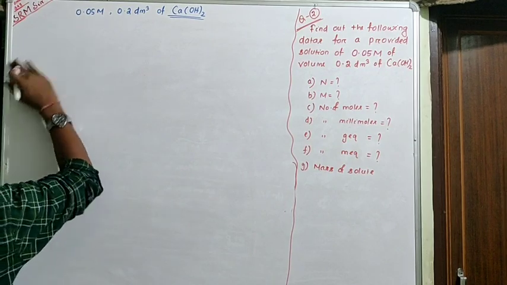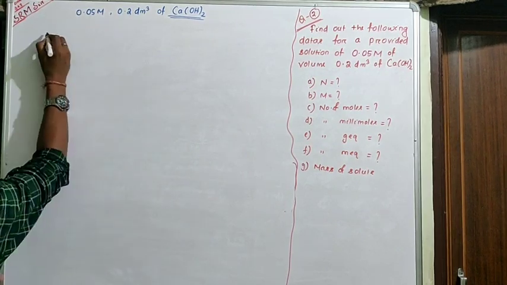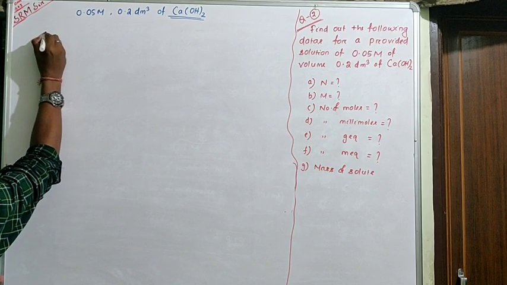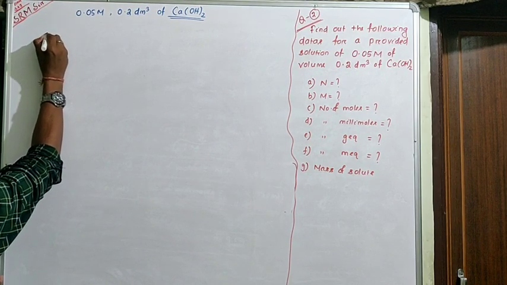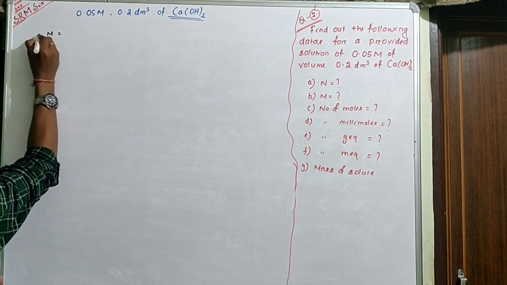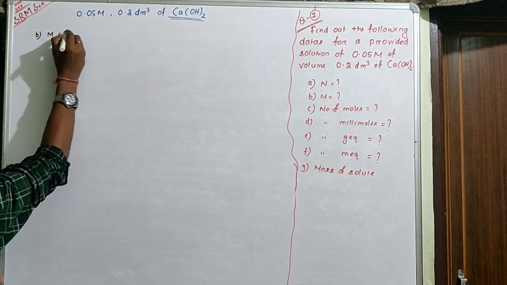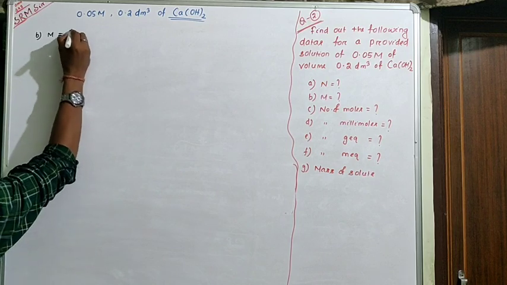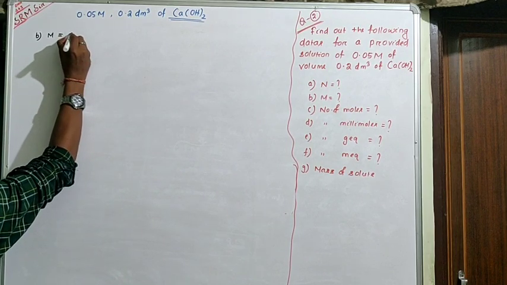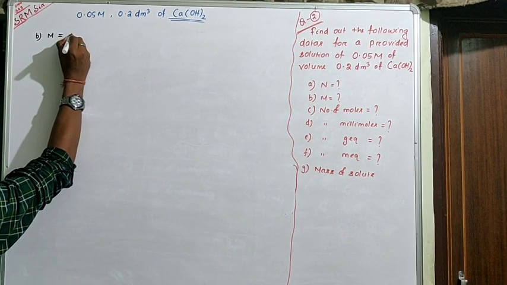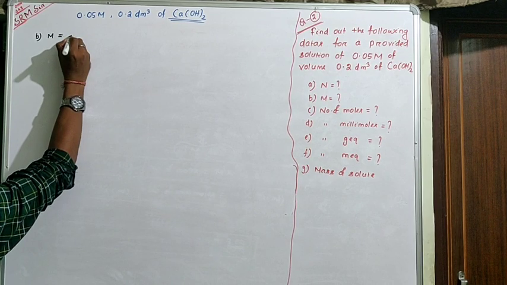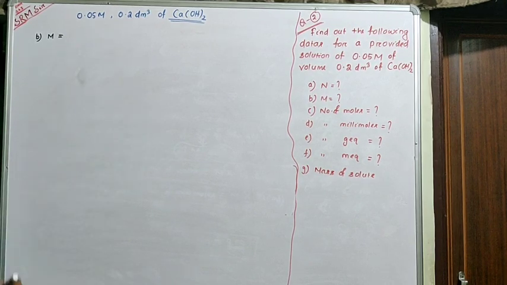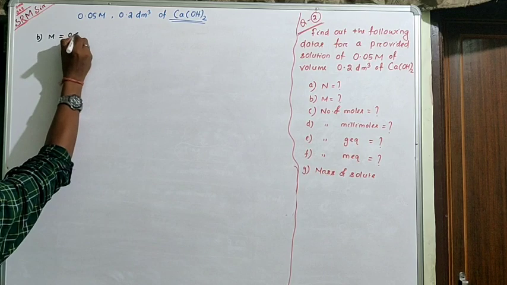So first we are taking what is molarity. Molarity is how much? 0.05.